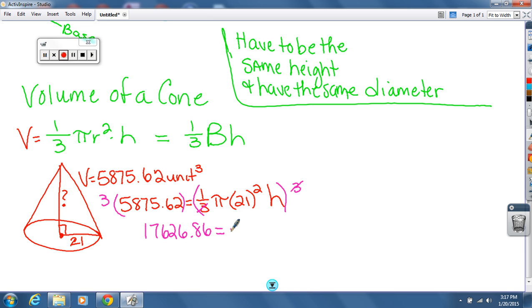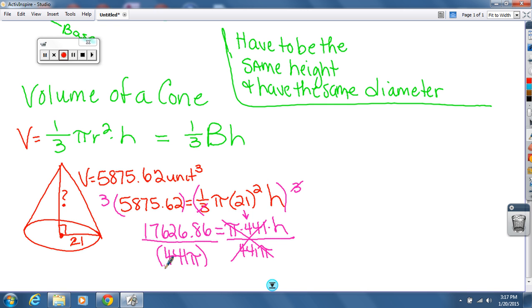So 1 times pi is pi times 441, because that's what 21 squared is, times the height. Well, we're back to where we know what to do. So we are going to divide by 441 pi so we can get that off the h. And when we do that, once again, you have to have parentheses around both of those.